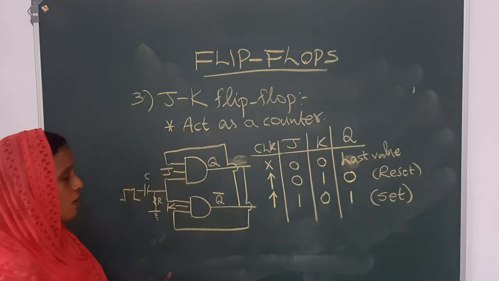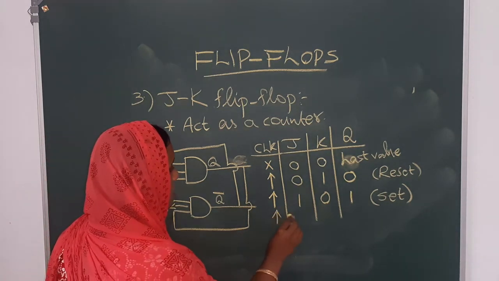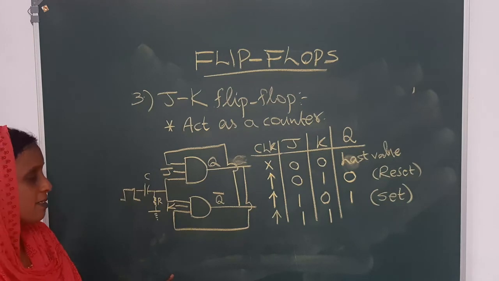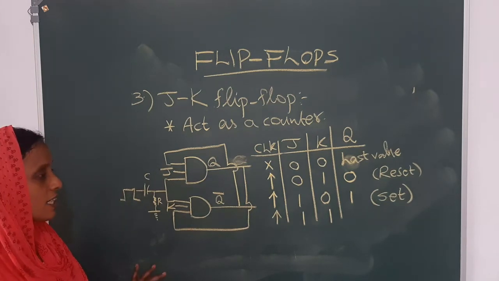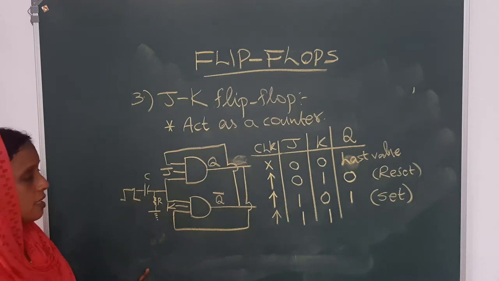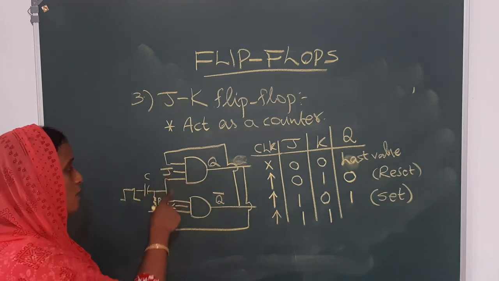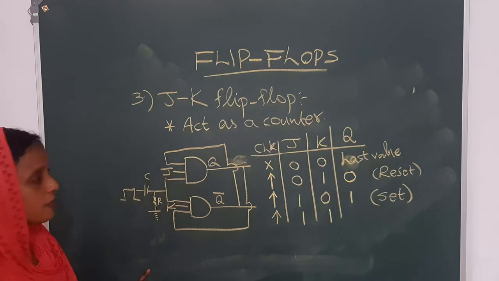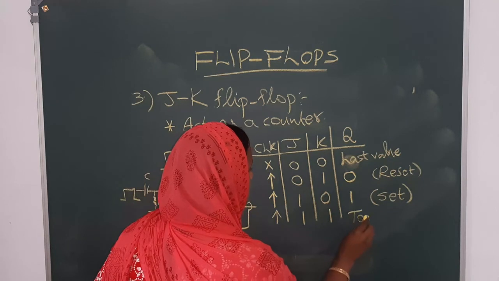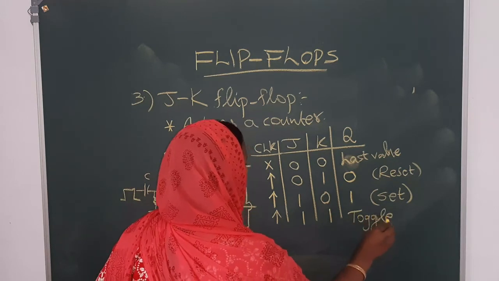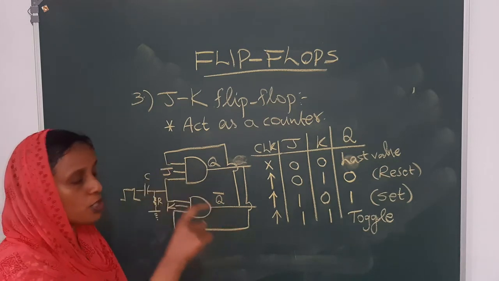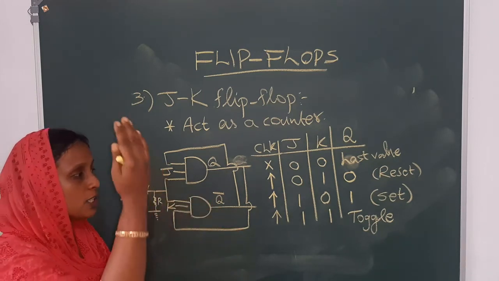Now the last combination is 1-1, right? We already discussed this in our previous RS case. Here, if both inputs are high, they toggle. Toggle means for each positive clock, the output of Q changes to its complement.